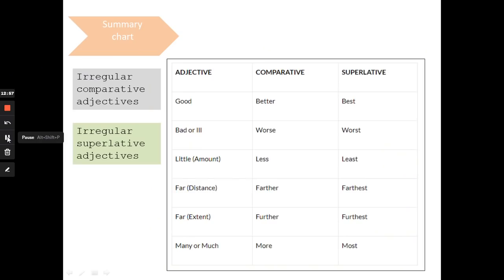Right, before we wrap up, this is the summary chart of the irregular comparative adjectives and irregular superlative adjectives. You need to study the table here in order to know how the adjectives change.